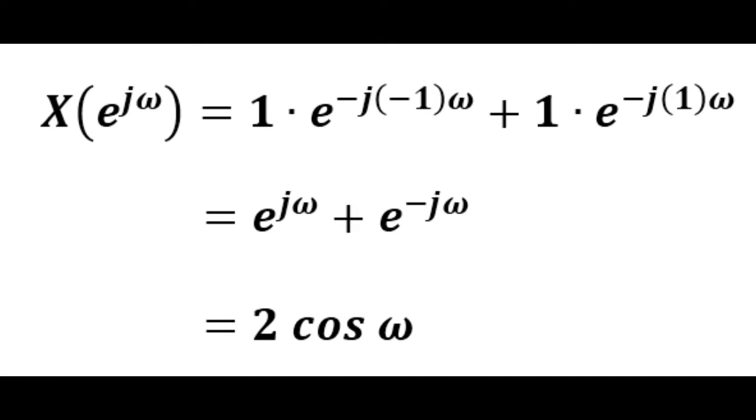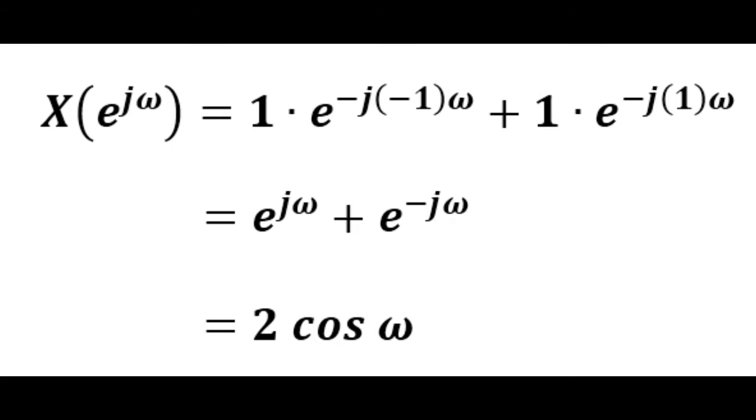To solve this question, we can take the previous equation, which is the equation of X(e^{jω}). From this question, x[n] is equal to 1, and for n there are two values from the graph, which are negative 1 and 1. So we just have to put negative 1 and 1 into the equation, and you will get e to the power of jω plus e to the power of negative jω.